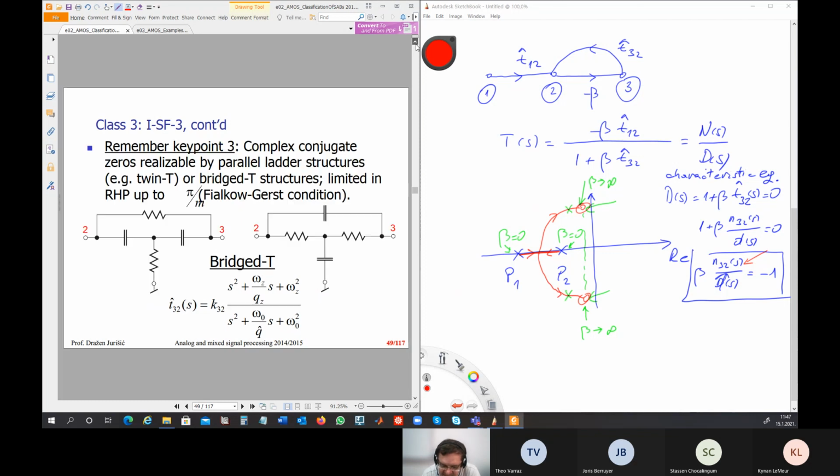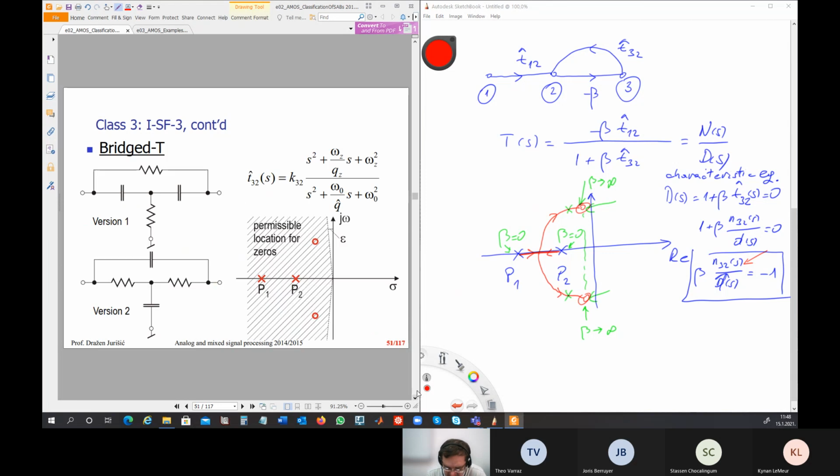There is some special condition which is called the Fialkov-Gerst condition. It says that conjugate complex zeros are realizable, but limited in the right half plane up to p over m. M is equal to 2 because this is a second order network. So p over m is p half. We will see it. Here we see it.